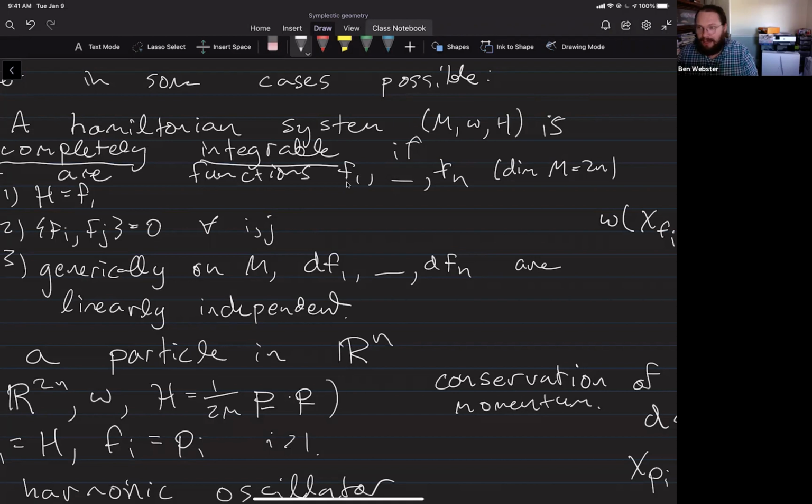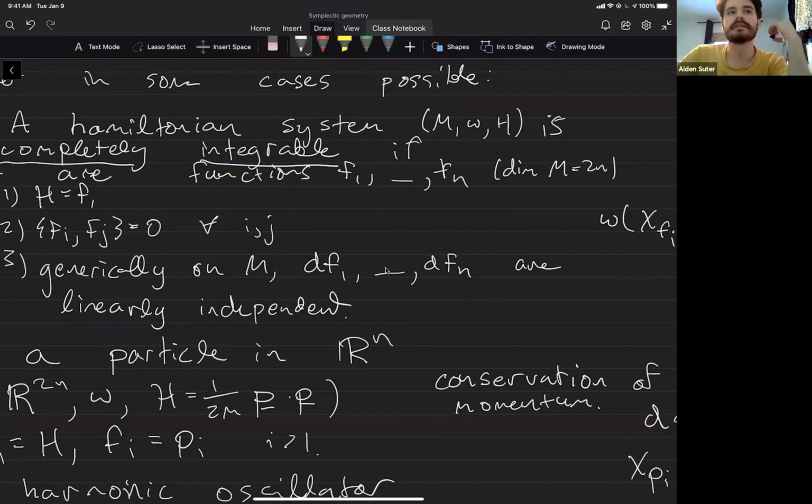So you're getting some interesting Poisson bracket between some of them. If you look at this condition 2, it says the Poisson bracket of integrals of motion reads blah blah blah. So you're saying, okay, I'm willing to sacrifice the Poisson bracket between these integrals of motion being 0 in order to have more of them, and having some control over the Poisson bracket.